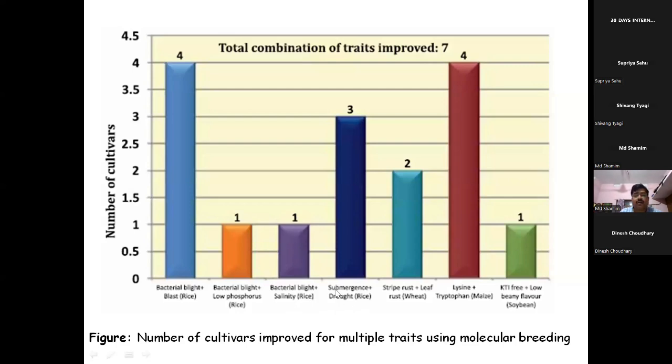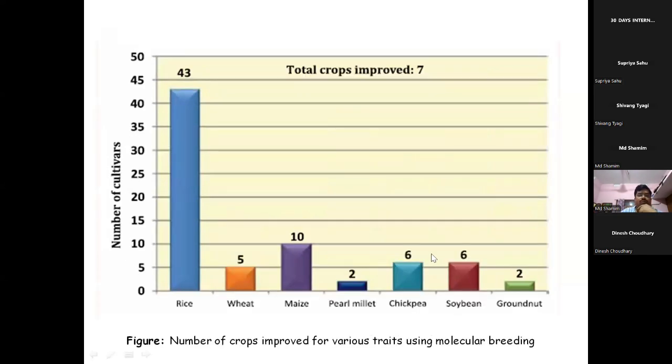Then drought plus submergence, three varieties have been improved, and in wheat, stripe rust plus leaf rust, two varieties have been released, and in maize, lysine and tryptophan, four varieties have been improved, and soybean, one variety. So in total, seven crop species have been improved.